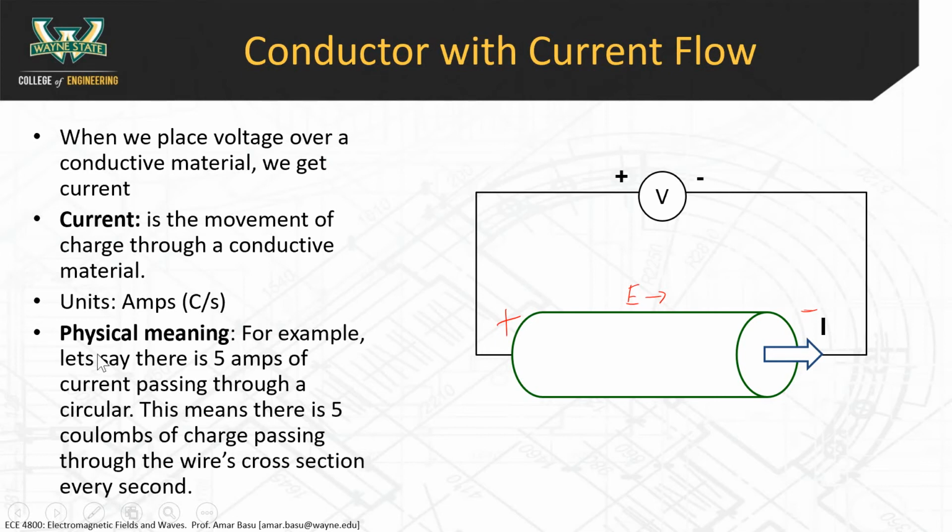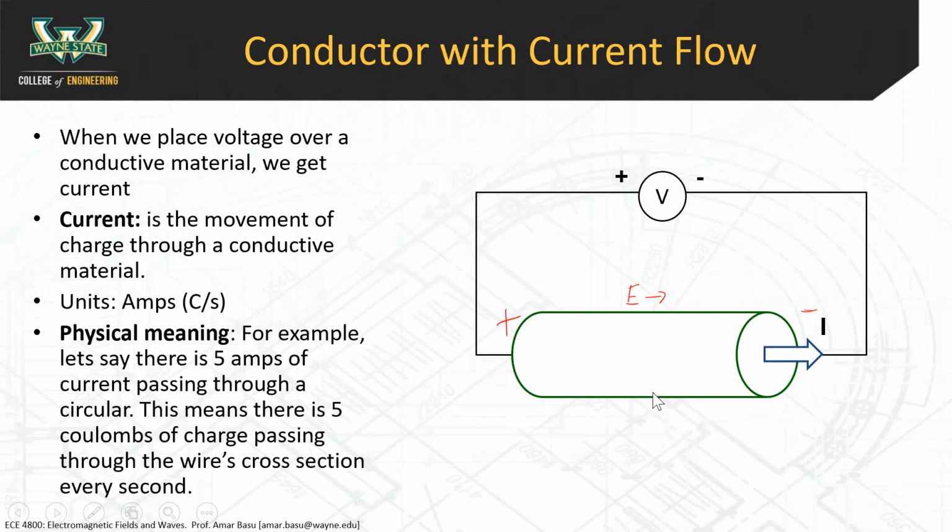The unit for current, just to remind everyone, is the amp, and 1 amp is 1 coulomb per second. So if you assume there's 5 amps of current passing through this wire, that means 5 coulombs of charge pass through the wire's cross-section every second.